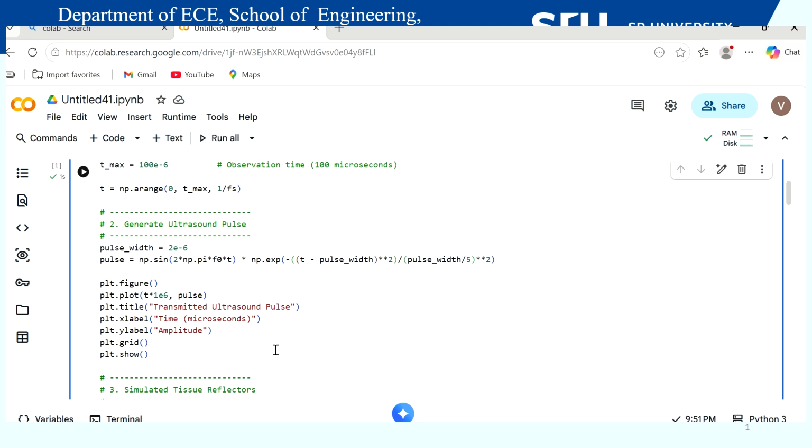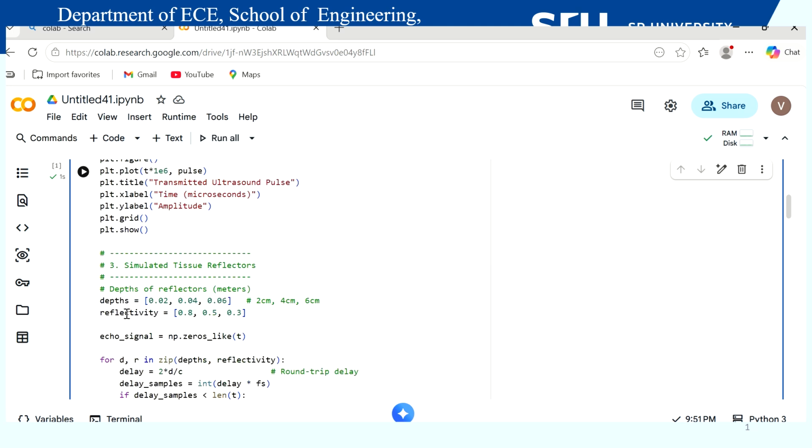And why are these statements included here? Real ultrasound pulses are short bursts and not continuous waves, so the Gaussian limits the sine wave to a short duration. Now, simulated tissue reflectors: depth is equal to 0.02, 0.04, 0.06.